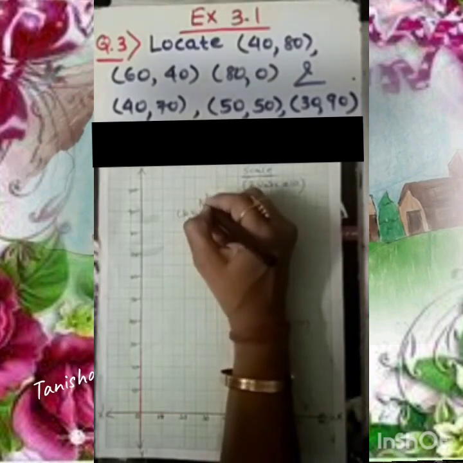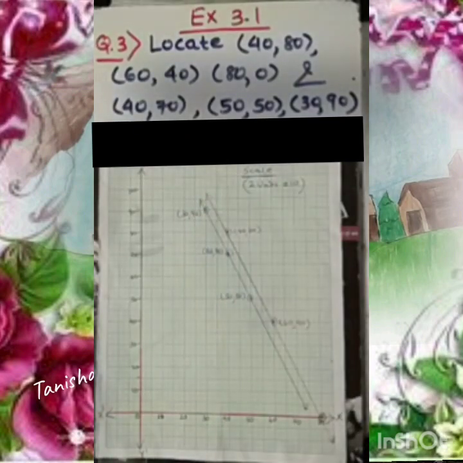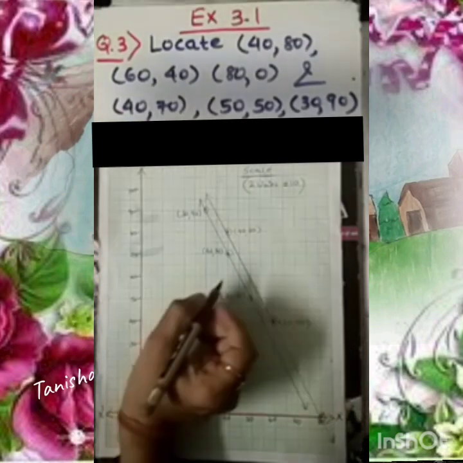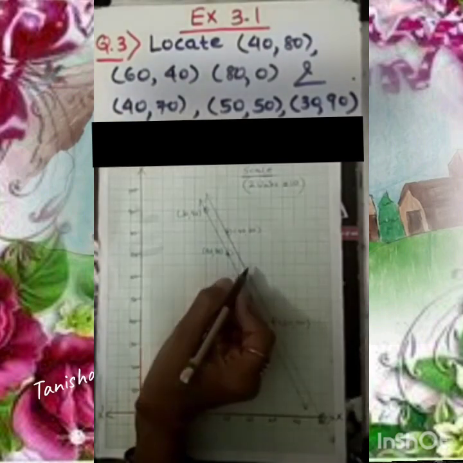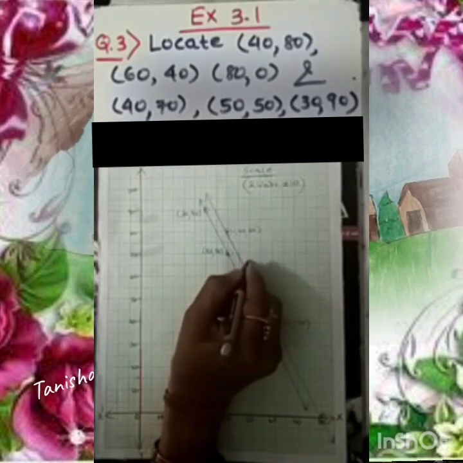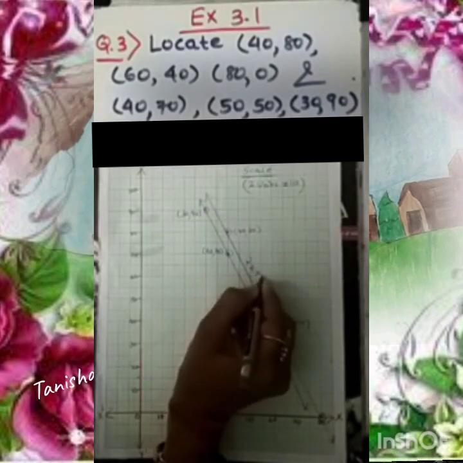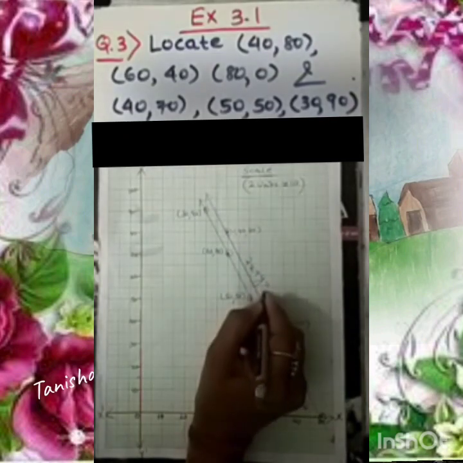Fine. Lines are parallel to each other, and it's compulsory to mention the name of the particular equation. Fine. How to write the name of the equation? You know very well. We need to mention here first equation. What was our first equation? 2x plus y equal to 160.